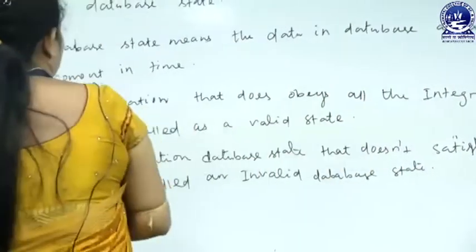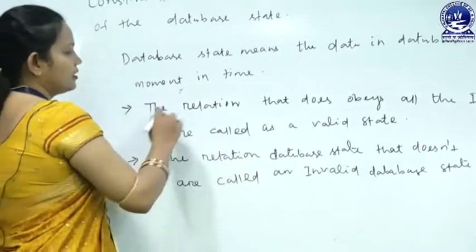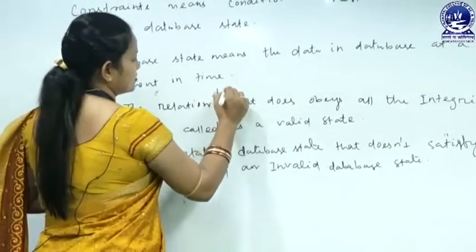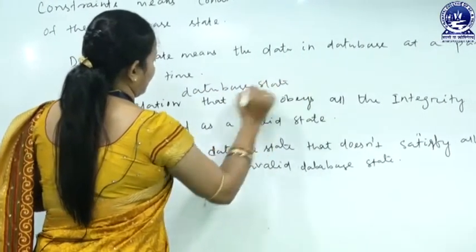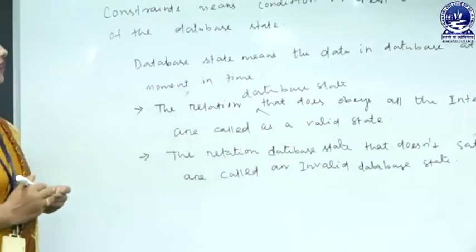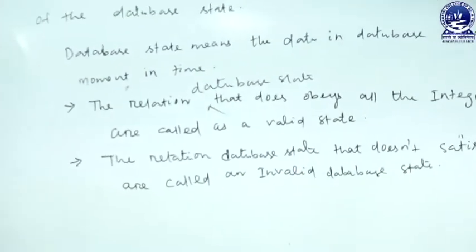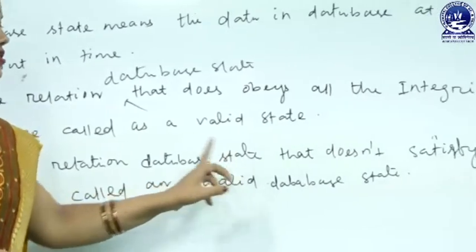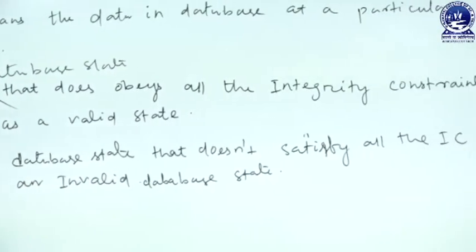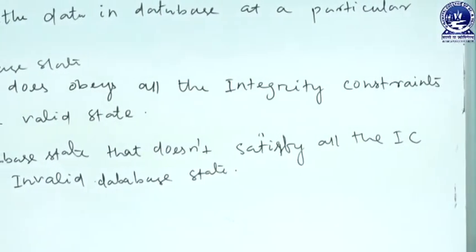So, a valid state means the relation database state that does obey all the integrity constraints, and the relation database state that does not satisfy all the integrity constraints is called the invalid database state.